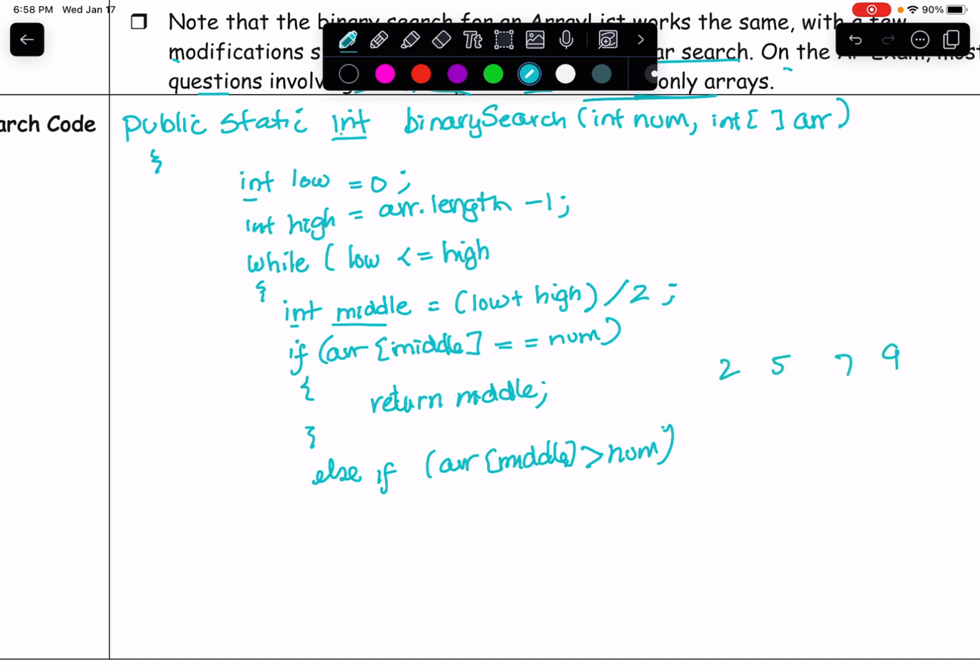And I'm trying to find, say, 9, okay? So first I would cut it in half, and then if the one I find is greater than num, say I found 10, then I would change high to be middle minus 1. So I just changed the index to be 1 less.